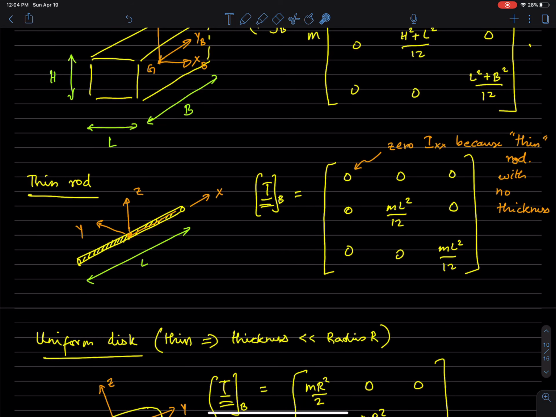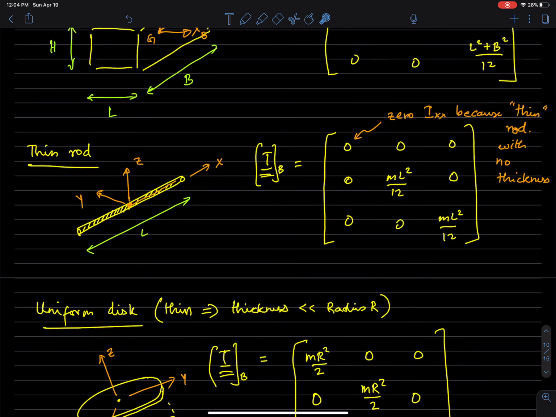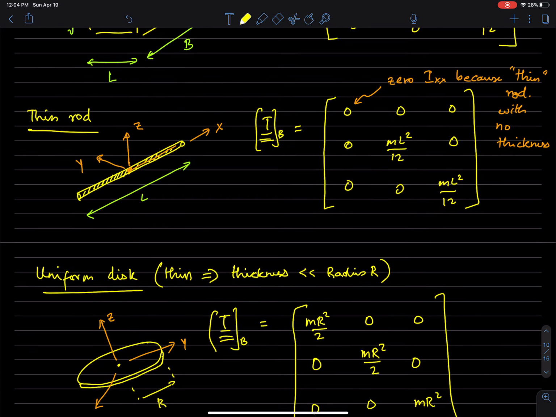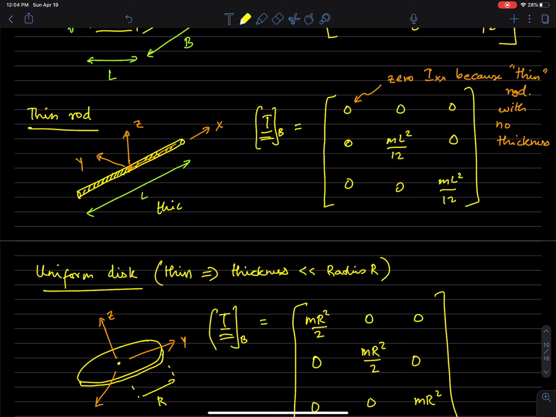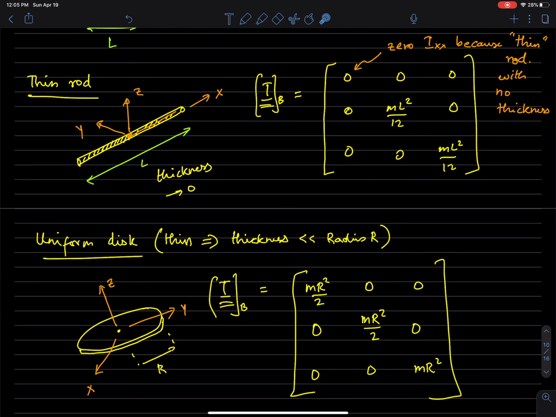If you have a thin rod, it turns out it's just sort of a special case of a cuboid. When we say thin, we mean thickness basically 0. And like we said, it's a special case of this with H and B equal to 0.